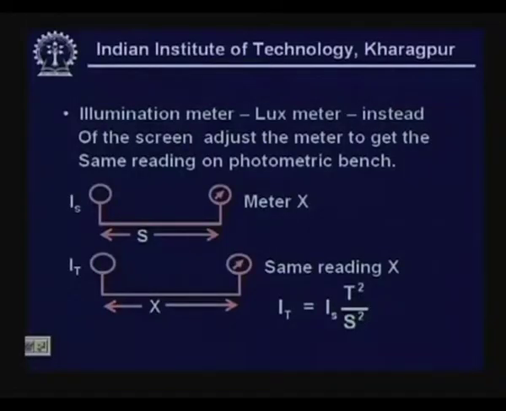In the first case, we have Is by s squared equal to x, and in the second case we have It by t squared equal to x.